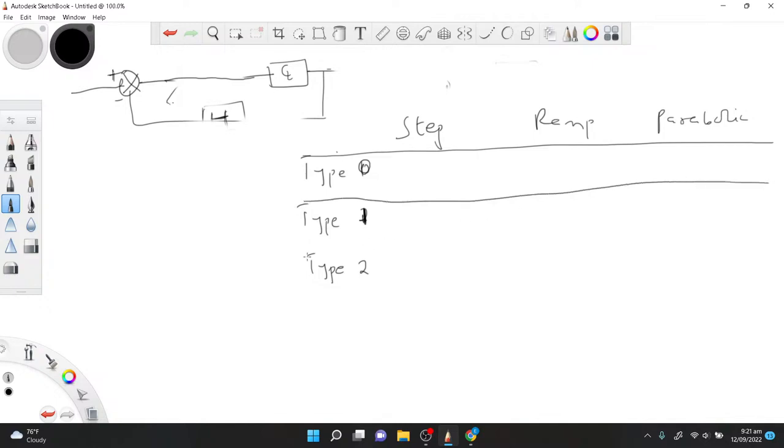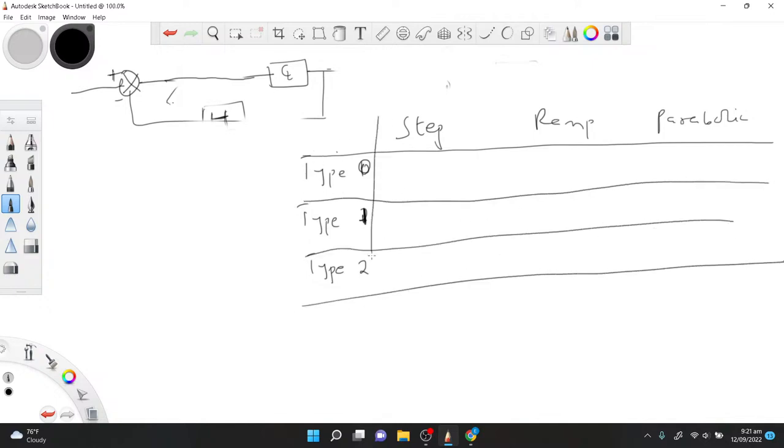Alright. So we have these expressions. Let's say when you have a step input, type 0 will give you a finite value. Type 0 will give you a finite for a step input.